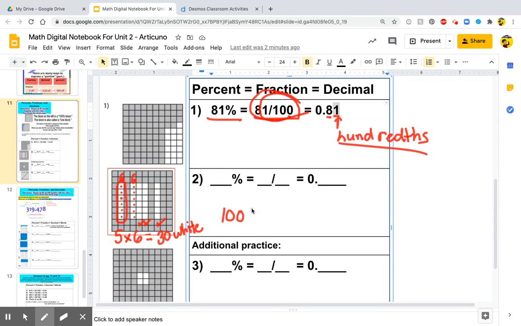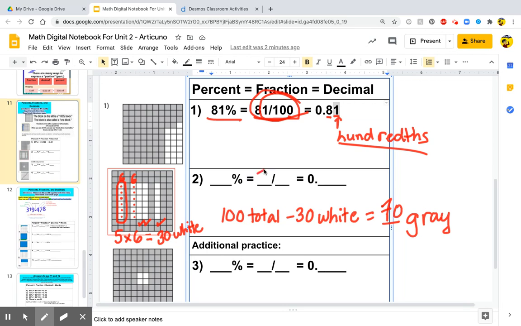So wait, how many gray squares are there? Well, if there's 100 total squares, and we subtract the 30 white squares, then that'll tell us how many gray squares there are. So what's 100 minus 30? And that's 70, okay? So then there are 70 gray squares.